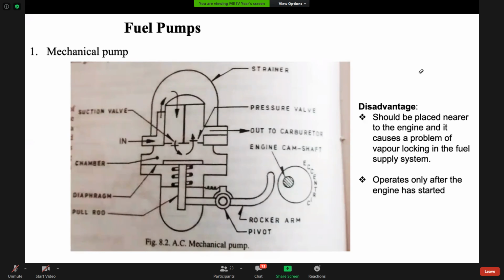Once you have completed drawing this diagram, you can type in the chat box CS.